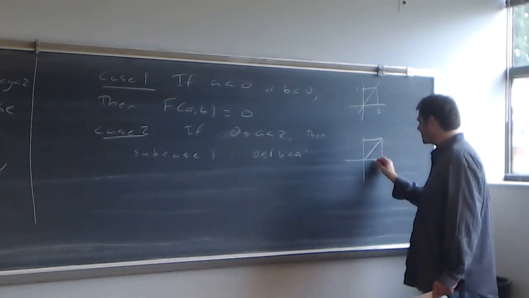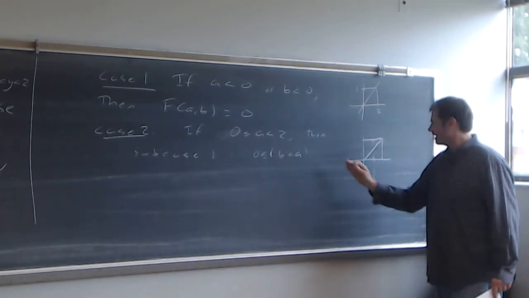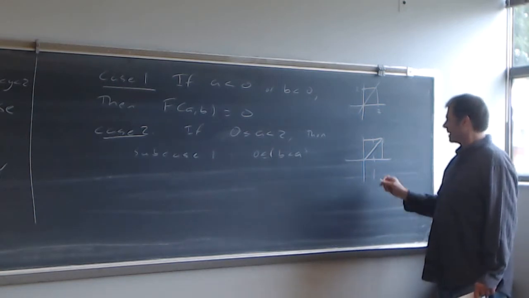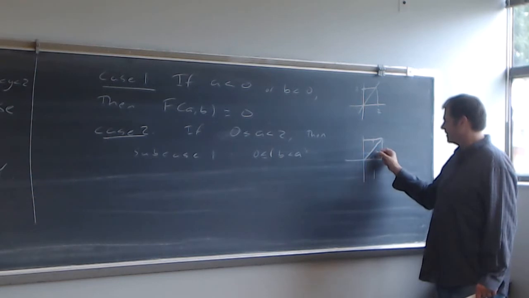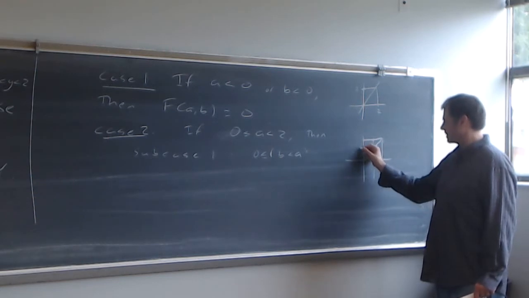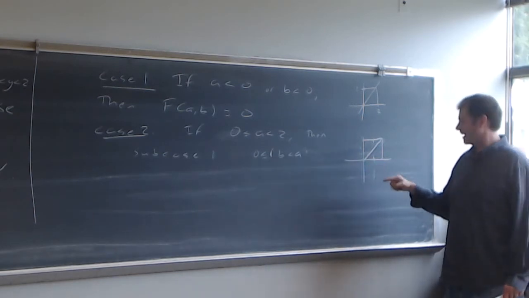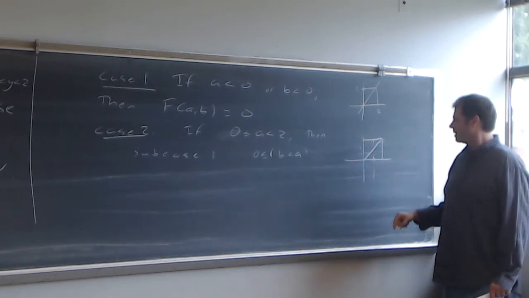Okay, so here's a. So you have that x is less than a, and you want y to be less than b. What I'm thinking is if this is a right here, and this would be a here, and b is lower than it, it forms this triangle here that we integrate over.